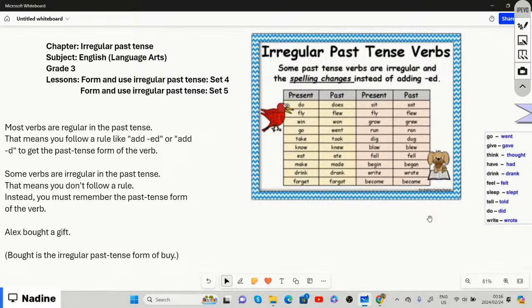So we will see how the word basically changes, and that is why we say that there are no rules that you need to follow where you just add d or ed, but the wording changes, right? The spelling changes. So you're just going to have to remember the spelling, you're going to remember the words, especially when it changes to the past tense.